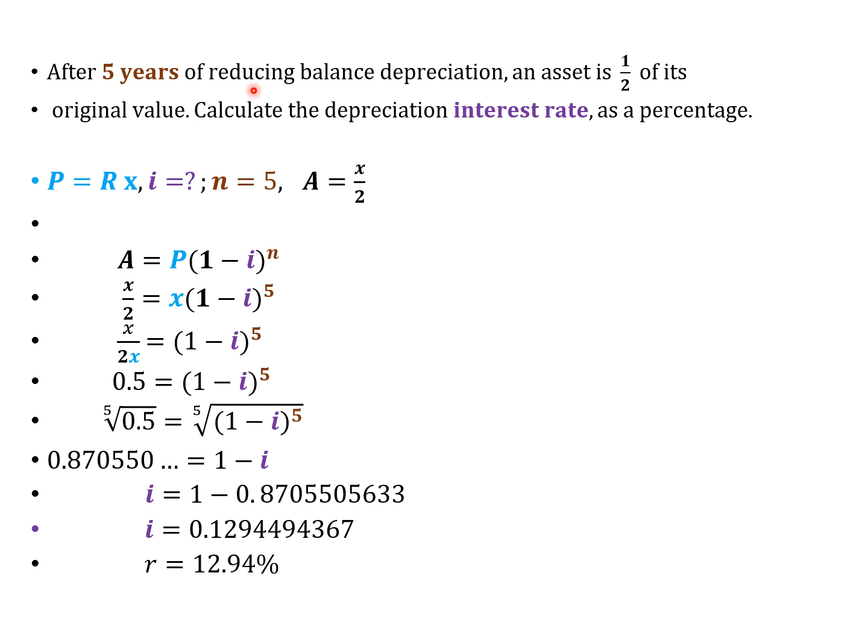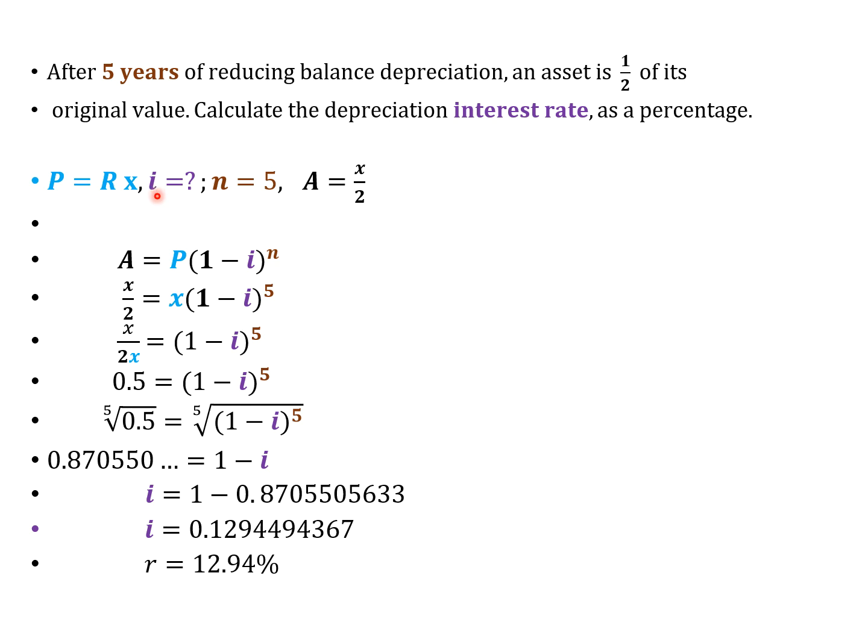After 5 years of reducing balance depreciation, an asset is half of its original value. So if it was 1 Rand, half of it would be 50 cents. Calculate the depreciation interest rate as a percentage. So if I say P equals X Rand, then A would be X over 2. Time period equals 5, and we want i.